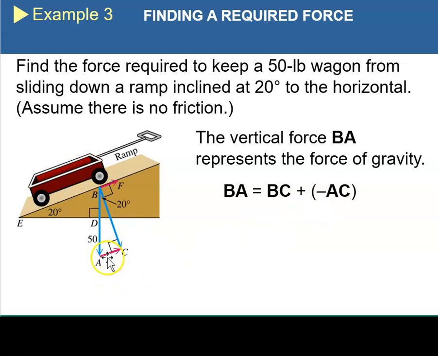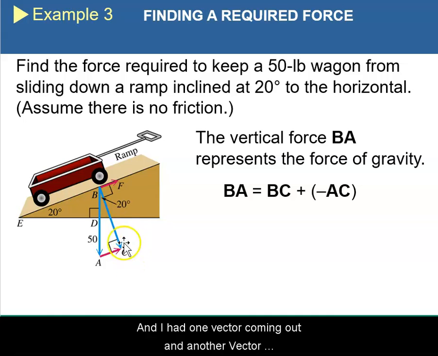minus AC. So if you look here, I have that tip to tail thing going on again with my triangle. If this was considered the origin and I had one vector coming out and another vector coming out, I'm connecting their two tips together.